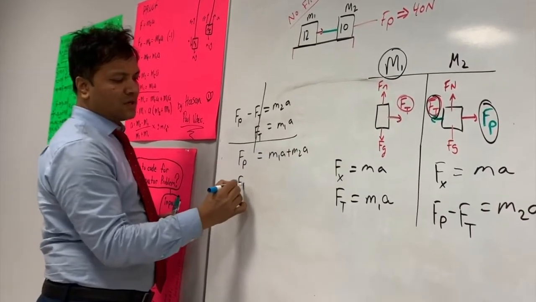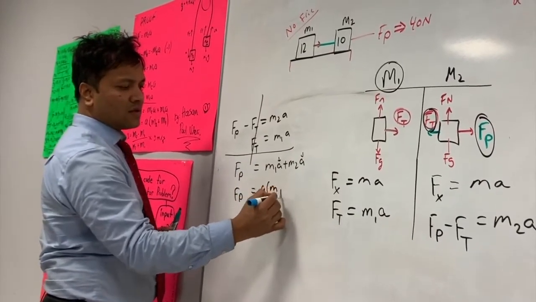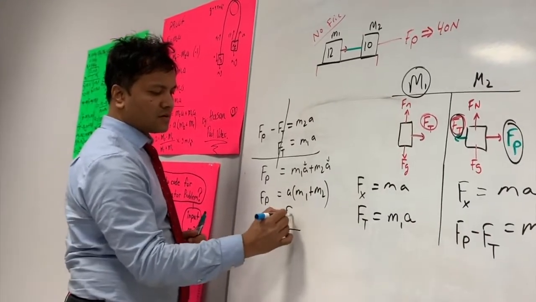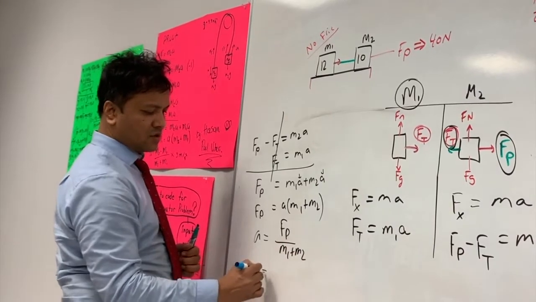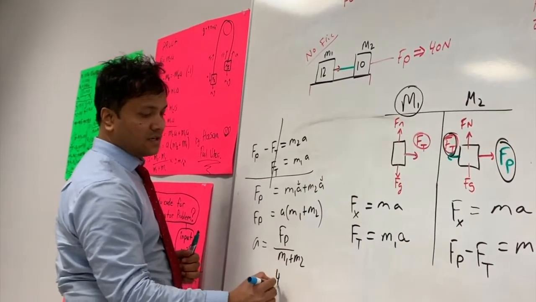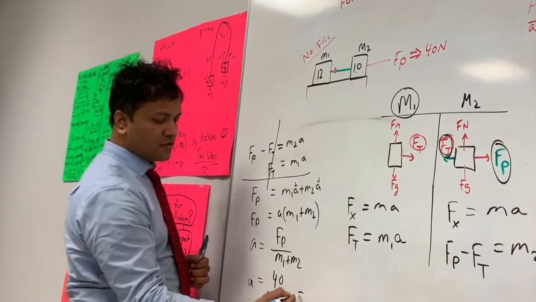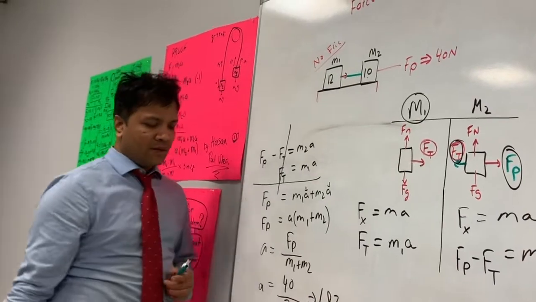So Fp is equal to a times m1 plus m2. So a is equal to Fp over m1 plus m2. So a is equal to 40 over 12 plus 10, which is 22, which is 1.82, I believe.